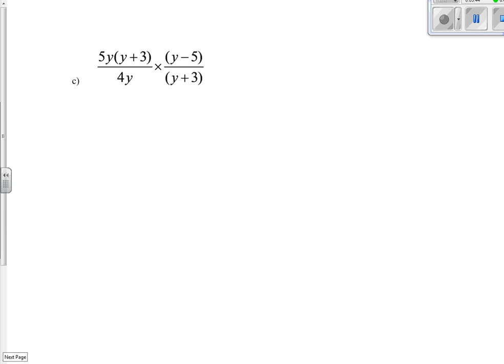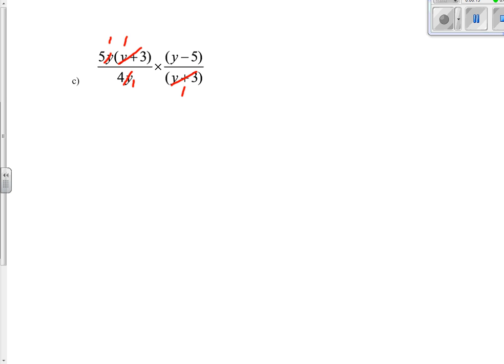C. 5y times y plus 3 over 4y times y minus 5 over y plus 3. They have already factored this for us, so we don't have to do the factoring. But we are going to consider common factors from top to bottom. I see this factor in the numerator and in the denominator, and I see a y in the denominator and the numerator, and I don't see anything else that I can divide out.